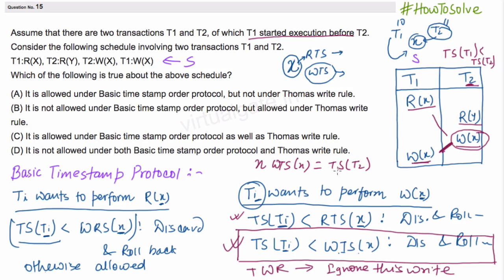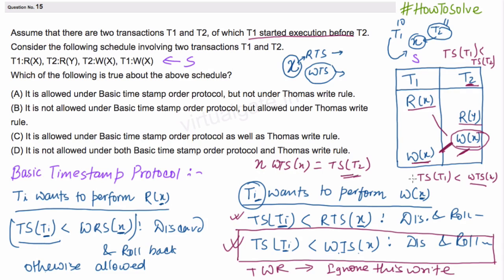Now, since T1 wants to write, we will see whether the timestamp value of T1 is less than the write timestamp value of x. This is true, because the write timestamp value has just been modified by transaction 2, and T2 arrived later.